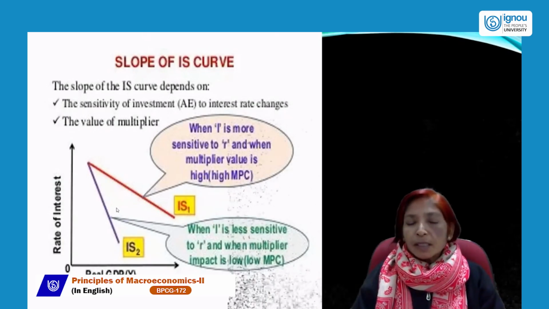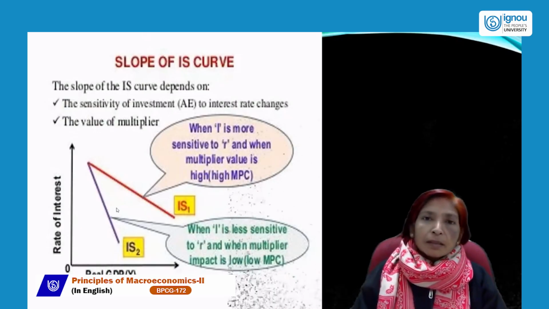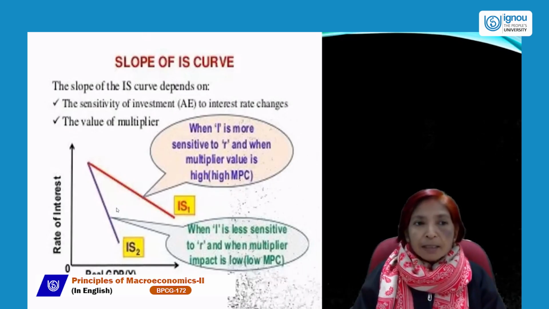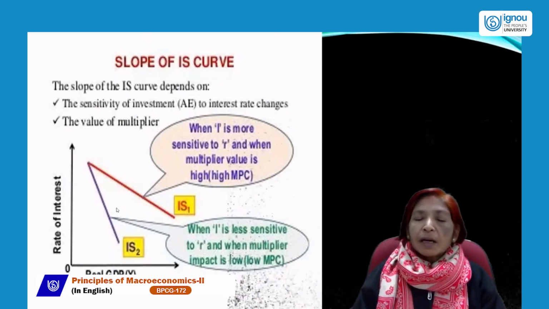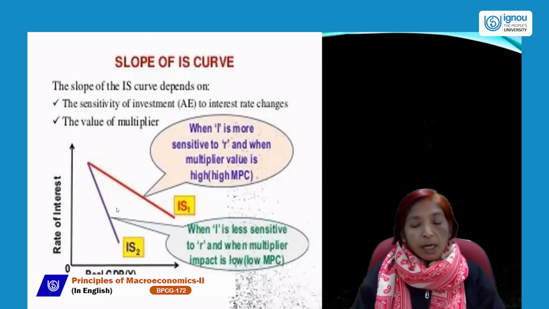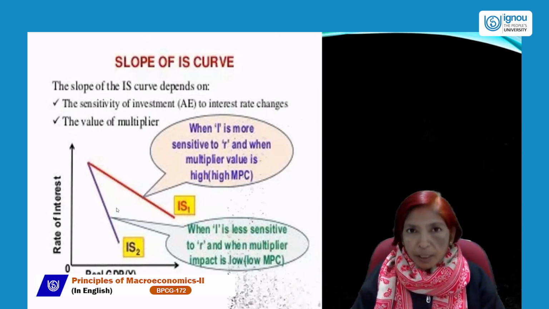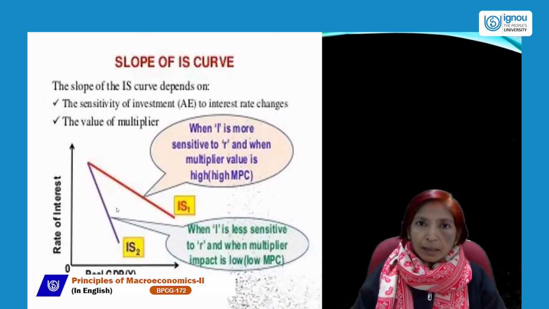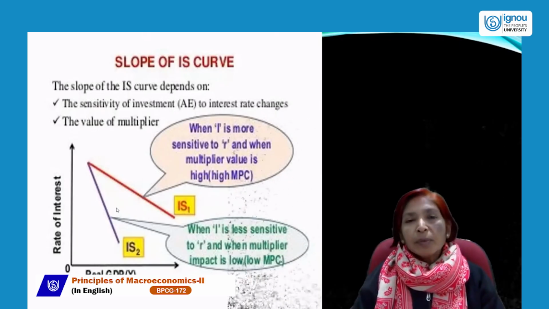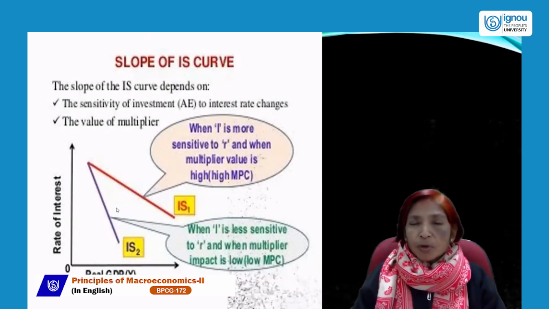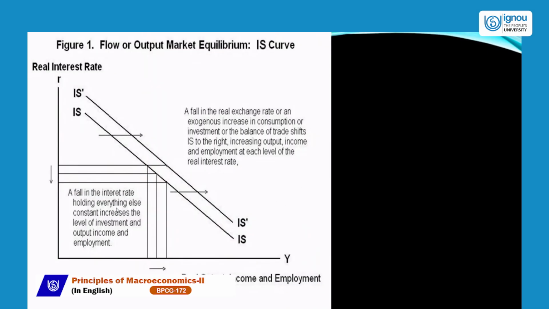So if MPC increases, then the IS curve will be flatter and the multiplier size will be higher. And if MPC is less, then production, investment, employment, and income will be less. If income is less, then the IS curve will be steeper. And if investment is more sensitive to the rate of interest, then the IS curve will be flatter.